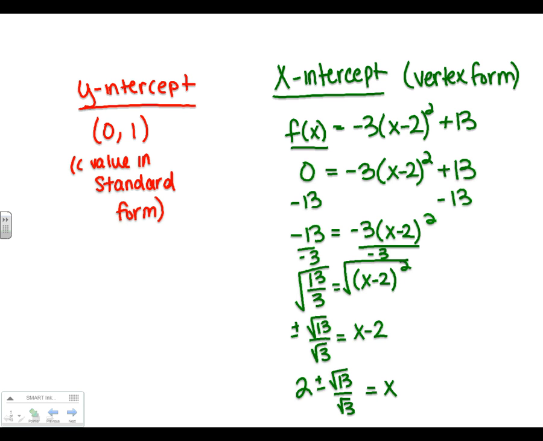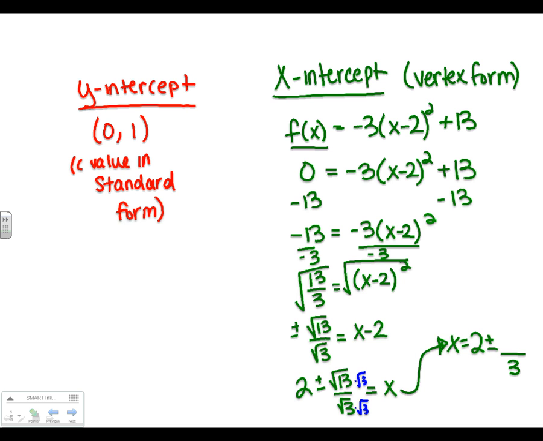Now, recall from Algebra 2 and from earlier that we can't have a square root in the denominator of a fraction. So we need to multiply by the square root of 3. We're rationalizing the denominator so that that cancels out the square root in the denominator, because the square root of 3 times the square root of 3 is the square root of 9, which is just 3.